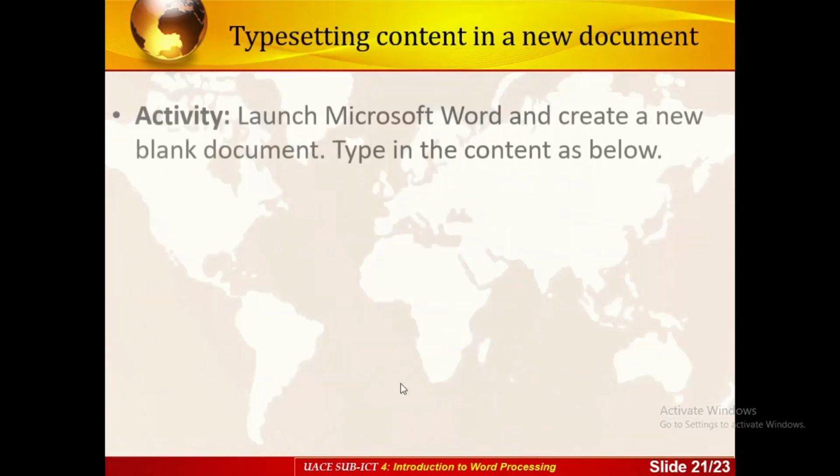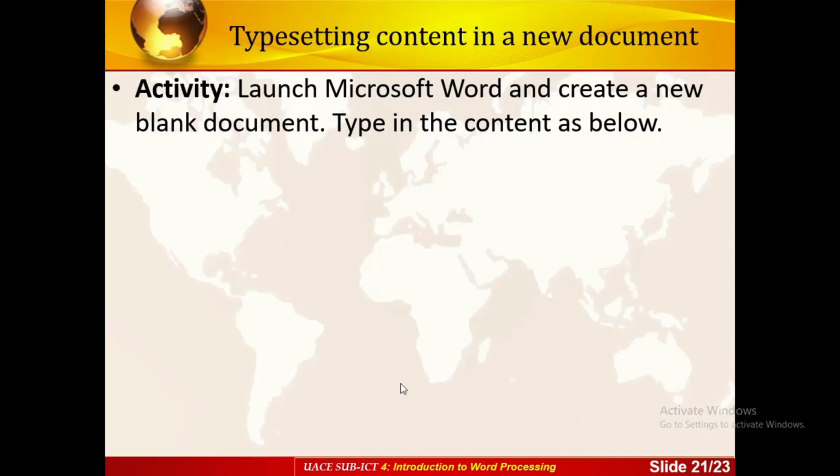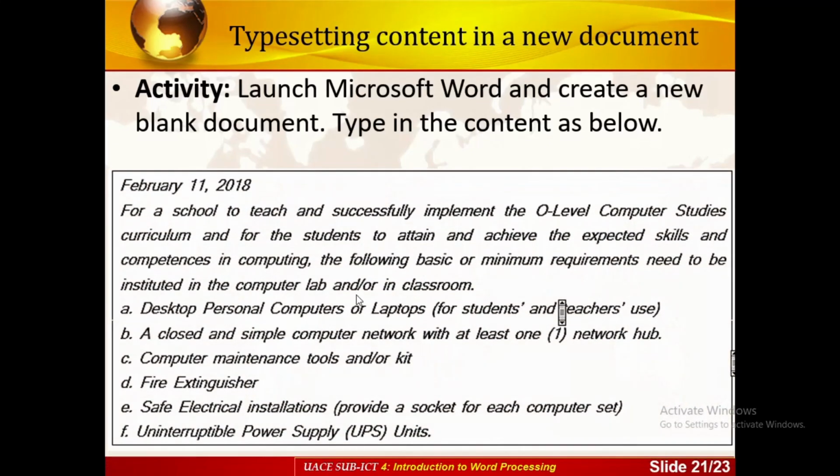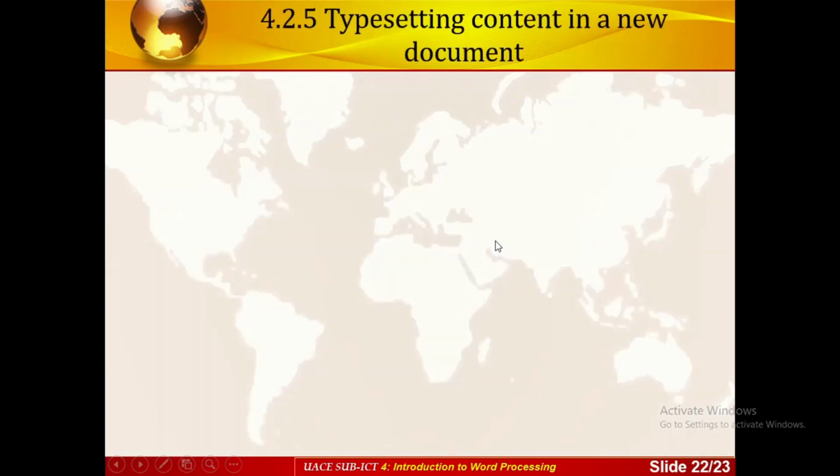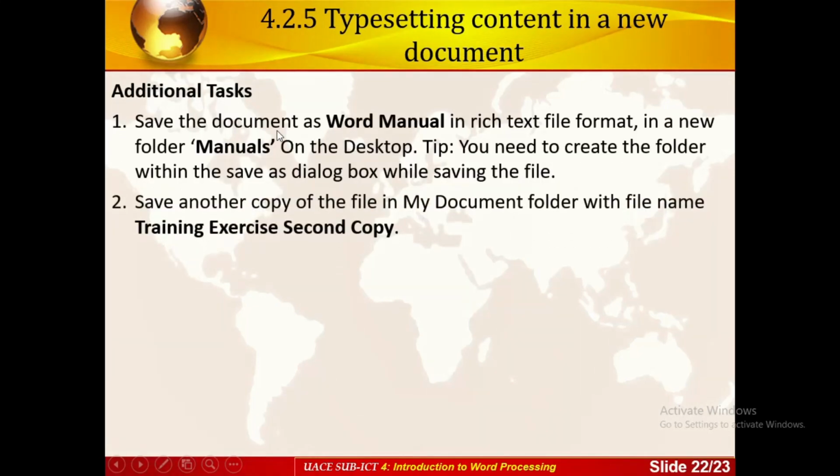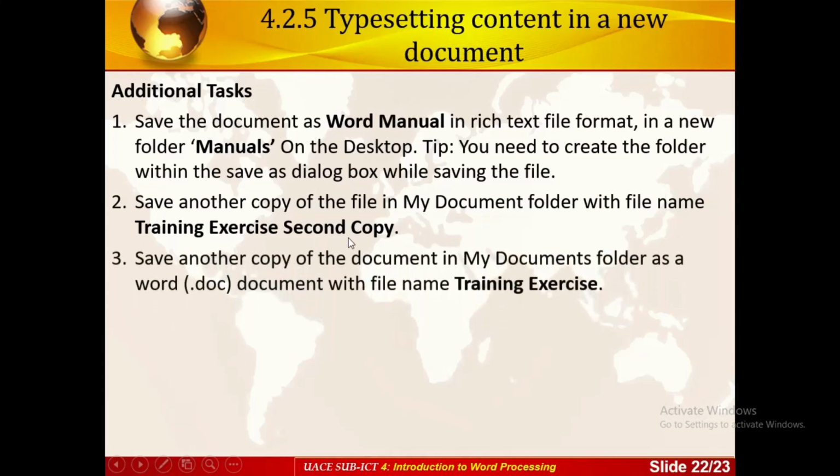So this is an activity which we shall try out with time, where we have to type this whole thing, or you can do it during your free time. Then after you submit, I can put that into it. These are some of the tasks which are required for you to do. Save the document, and also another copy of the document in different folders.